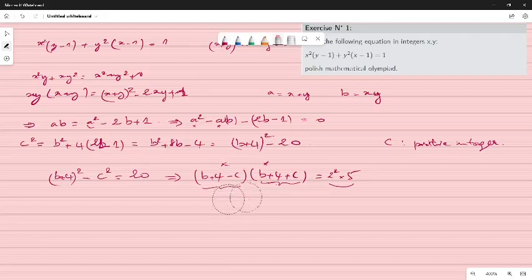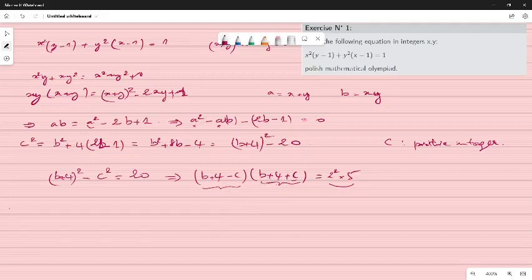On the other hand, b plus 4 minus c is smaller than b plus 4 plus c because c is positive. On the other hand, these quantities are both positive or both negative. All these remarks give us only two cases.